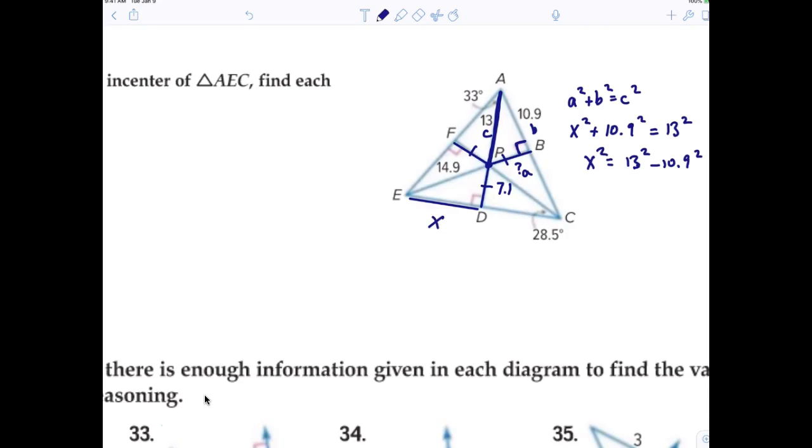Do you agree with that now? So you have to type that in the calculator: 14.9 squared minus 7.1 squared, and then you take the square root of that answer.